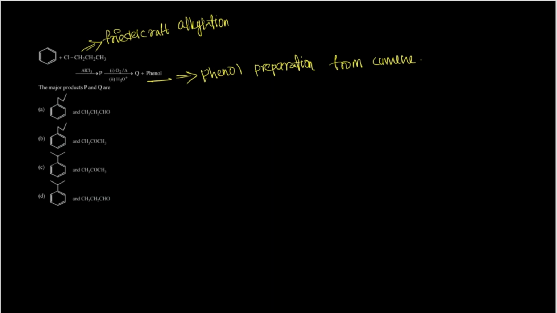So now let's try to solve this over here. First they have given this benzene, right? And then this propyl chloride, CH3 CH2 CH2 Cl, in the presence of AlCl3.